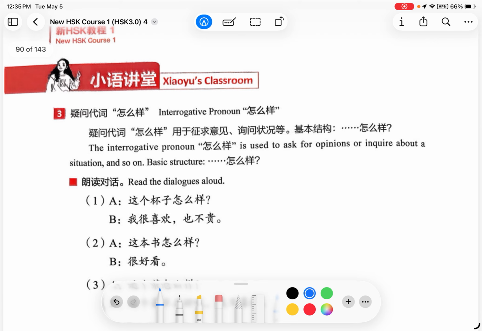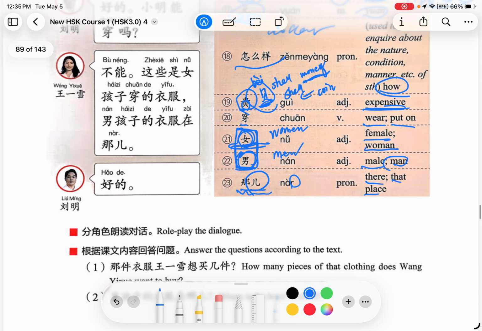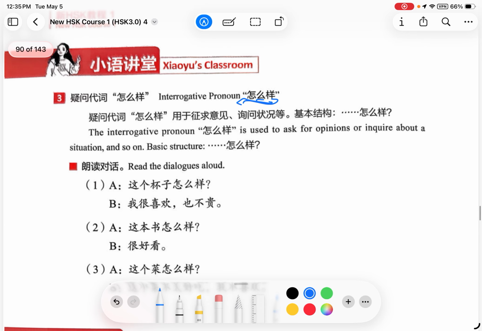And then we will learn how to use this word 怎么样. The interrogative pronoun is used to ask for opinions or inquire about a situation. The basic structure is blah blah blah 怎么样, question mark.